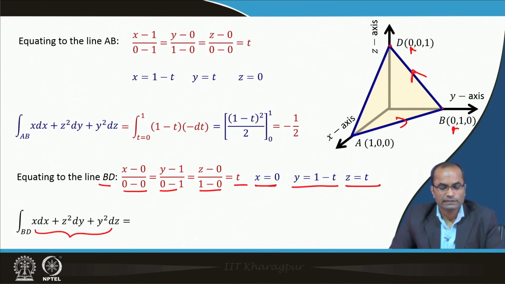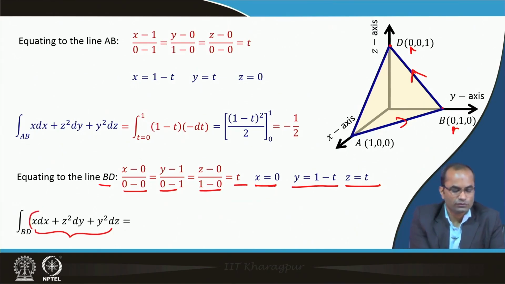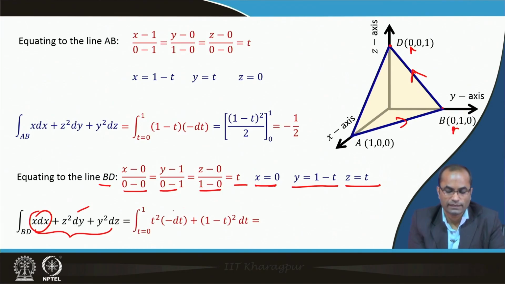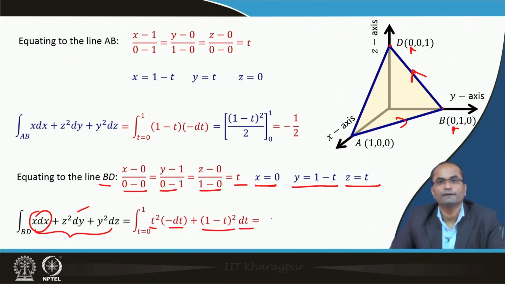Writing this integral, this time x is 0. So, the first will not contribute, but the remaining two will, because y and z are changing. Here we have z as t, so t square times minus dt, and y square, so we have 1 minus t whole square, and then dt for this dz.